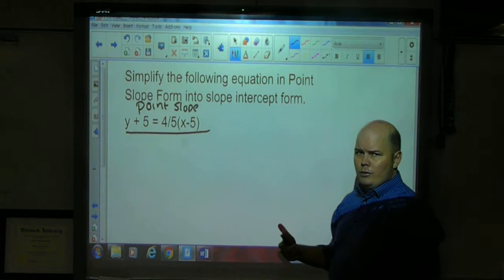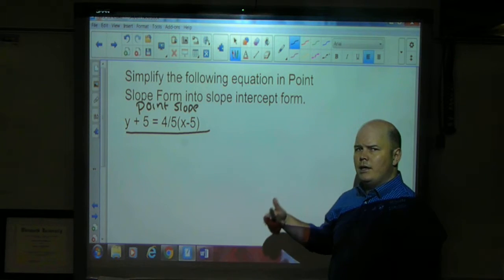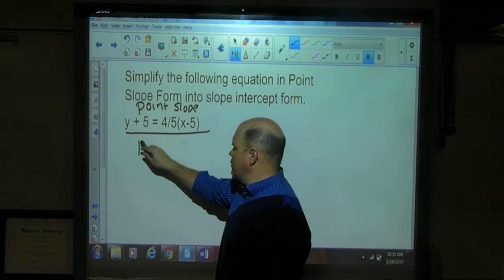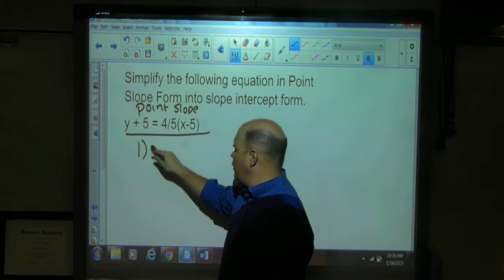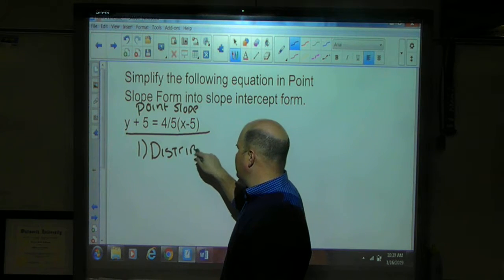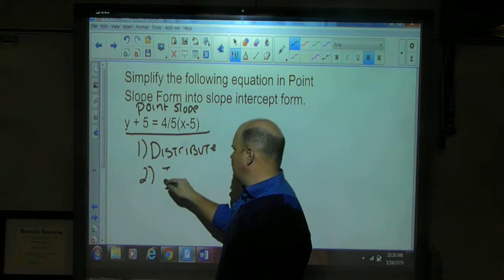Okay? And all you're doing is simplifying that equation out of point slope form into slope intercept form. And there was two main steps we did when we attacked those. Once you had it in point slope, all you had to do was distribute into the parentheses, and then once you did that, all you had to do was isolate the y.